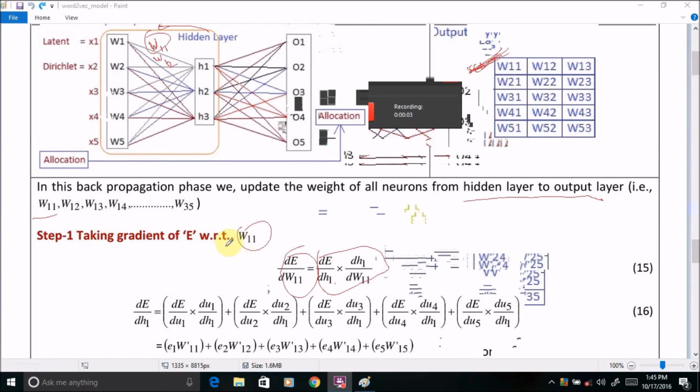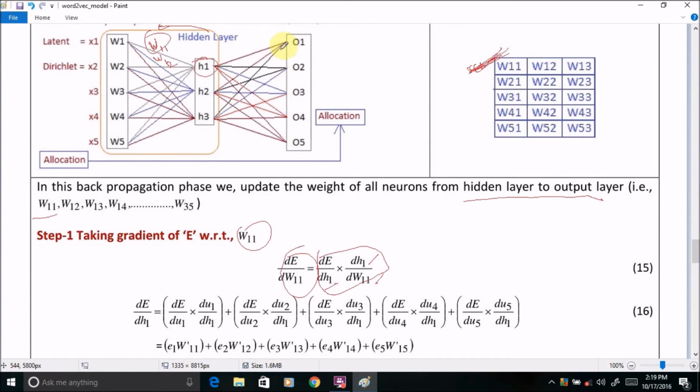Taking the gradient of E with respect to W11 is equivalent to taking the derivation of E with respect to H1 into the derivation of H1 with respect to W11, as here in this case the backpropagation error will come from 5 different paths, from O1, from O2, from O3 and from O4 and then from O5.